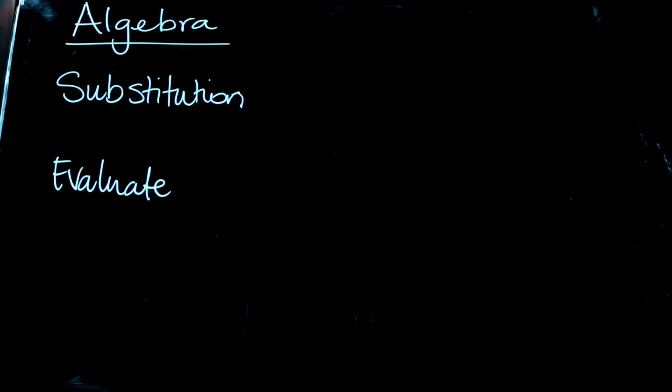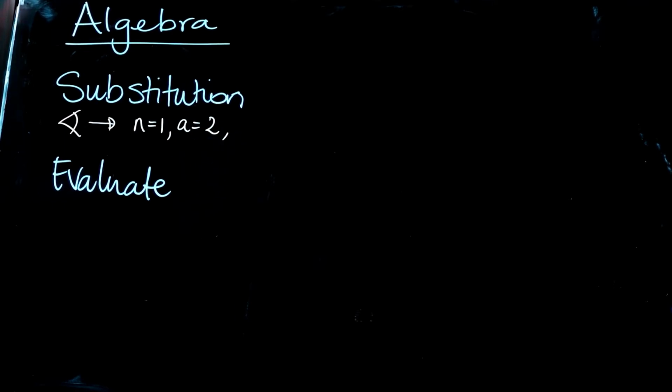Welcome back, everyone. We're just doing another little video on algebra, and in this lesson we want to look at the words substitution and evaluate. What we need to keep our eyes open for, and I'll draw my little symbol for an eye here, is when we're in the game of substitution, we're told that n equals some value, a equals something.